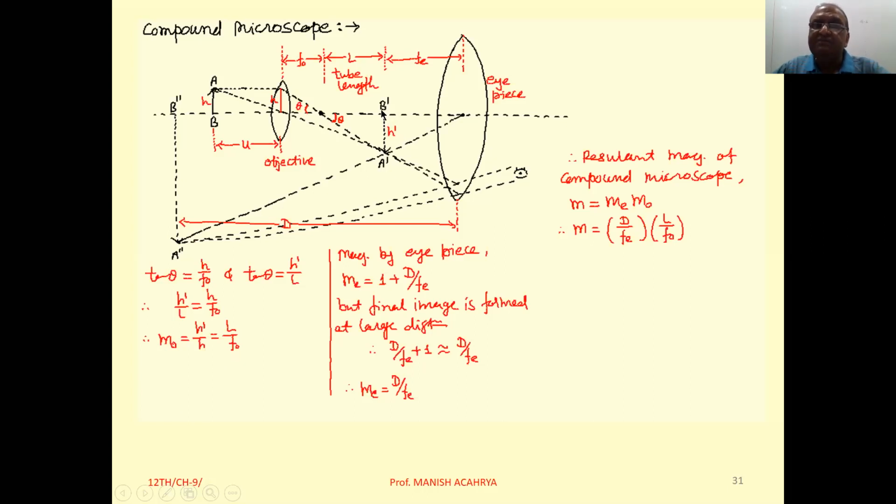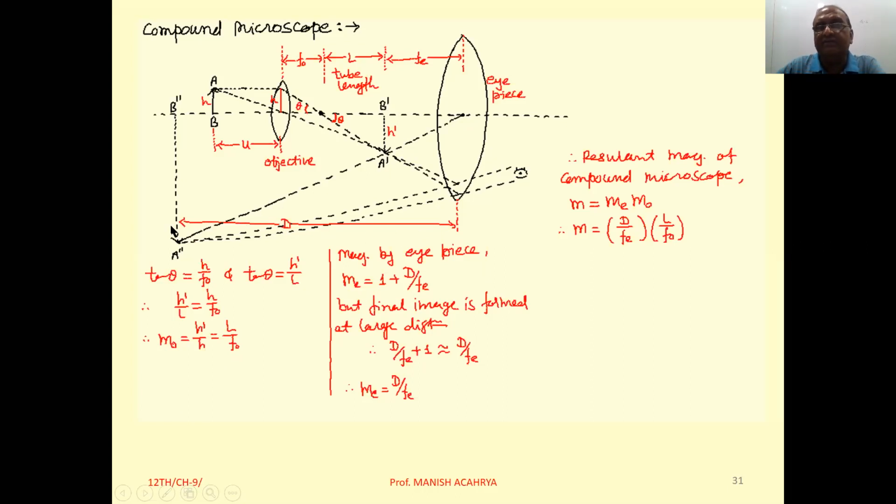Now this A dash B dash is the object for the eyepiece. This eyepiece we can consider as a simple microscope, as discussed in the previous theory. So we can directly write the magnification by the eyepiece as 1 plus D upon FE, but D is large.